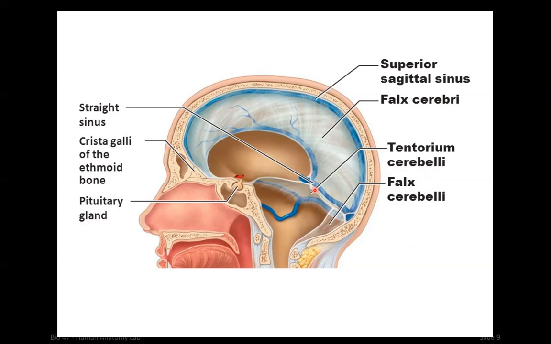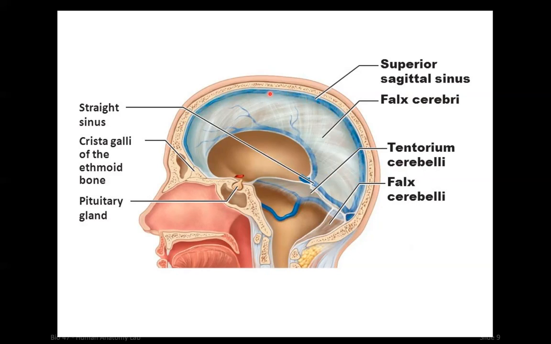The one dural sinus is this superior sagittal sinus, and it's illustrated in blue to show that it's carrying deoxygenated blood. So the dural sinus is where cerebrospinal fluid drains into. It contains deoxygenated blood that's returning to circulation.